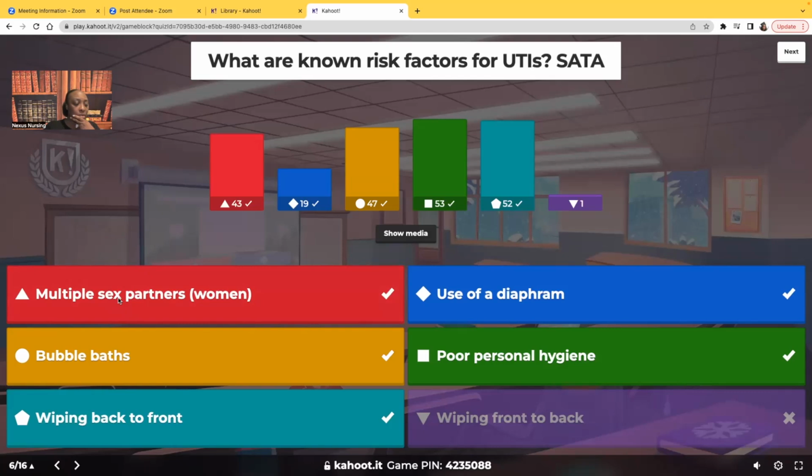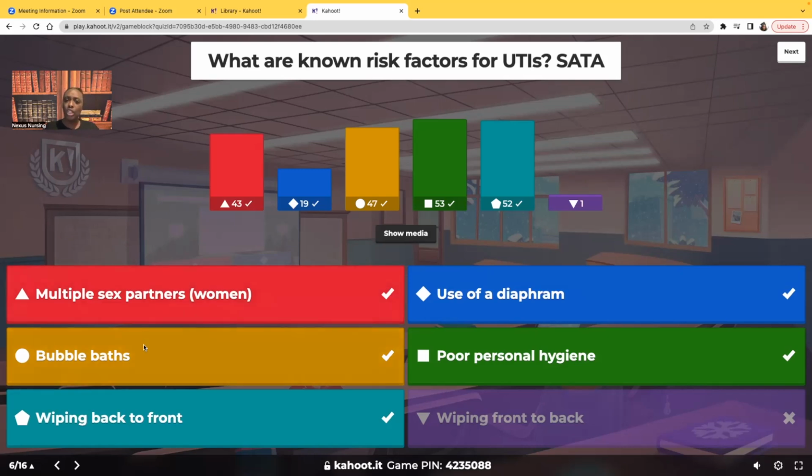Two, after sexual intercourse, not urinating immediately after, because when you have sexual intercourse, those pathogens that were introduced, right? If you urinate immediately after, a lot of the time you can flush those pathogens right out of the bladder, right? So yes, multiple sex partners, use of a diaphragm. Again, any foreign body being inserted into the body. So yes, that's going to increase the risk.